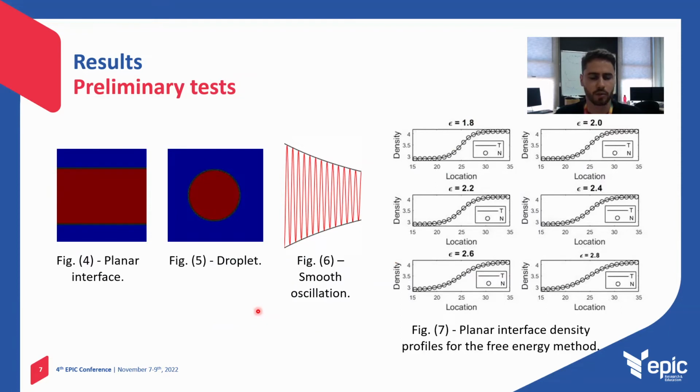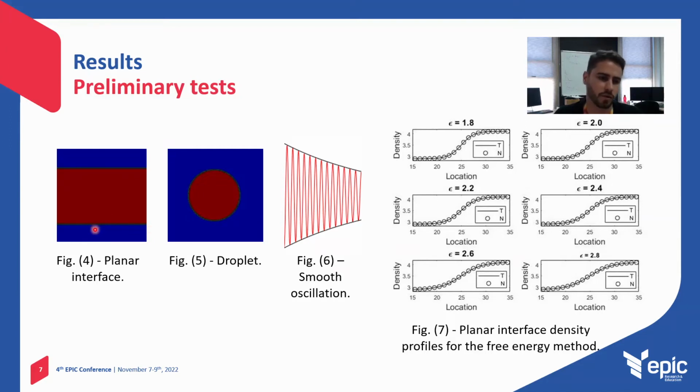Then we implemented both of these approaches. We created codes with both approaches, and we applied some preliminary validation tests. These tests were the planar interface case, where there are basically two phases, like a blue phase and a red phase, separated from each other by an interface with no curvature.